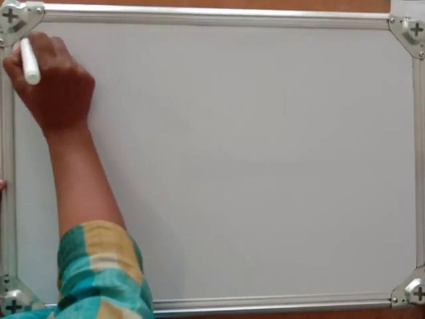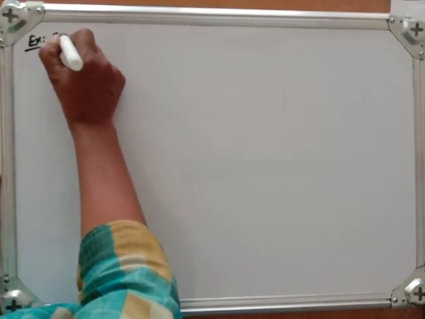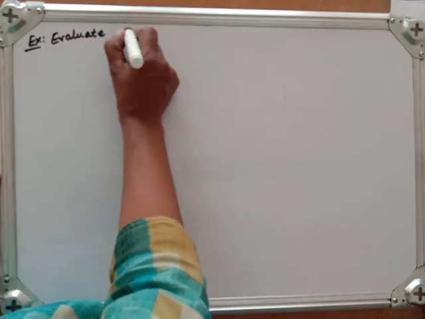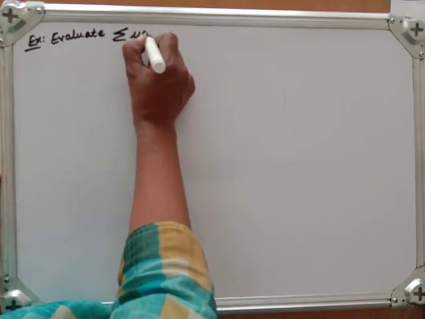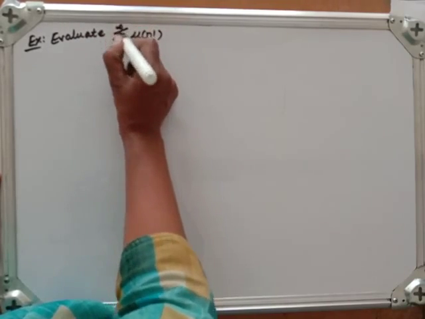Now example: evaluate the summation of mu(n!) over n from 1 to infinity.